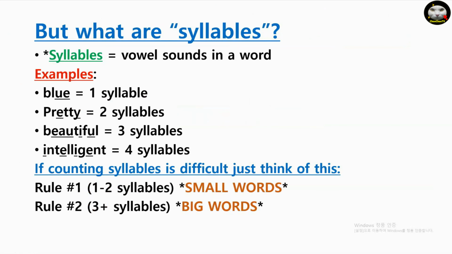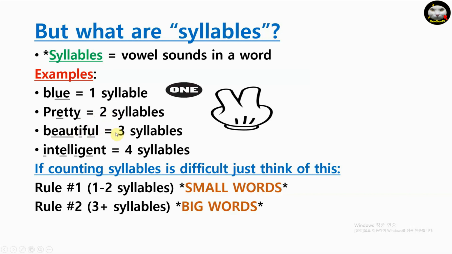But what is a syllable? Syllables are vowel sounds in a word. For example, the adjective blue has one syllable, one vowel sound. The adjective pretty has 2 syllables.